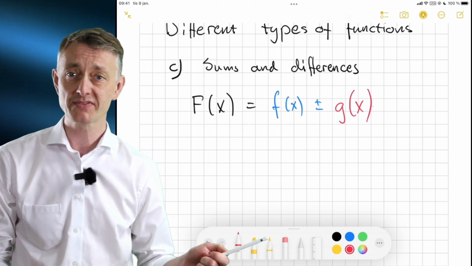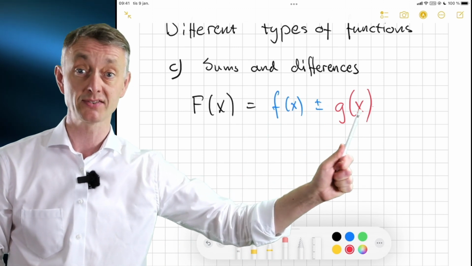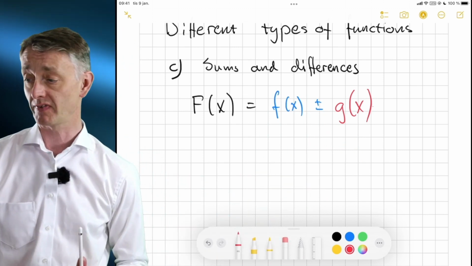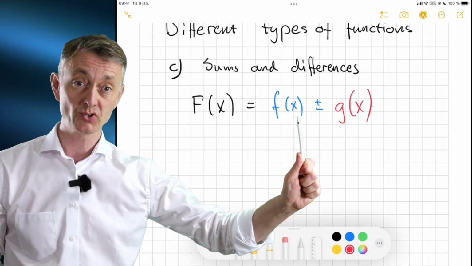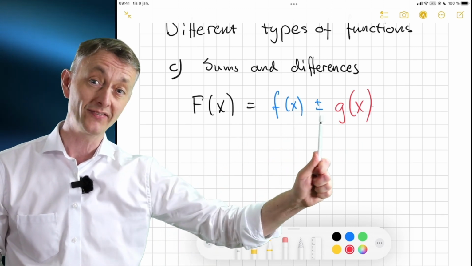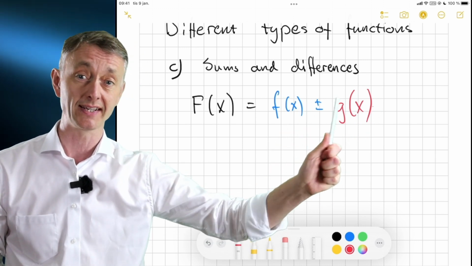So, as we have seen before, this is one function of x plus some other function of x, or minus some other function of x. Now, if it looks like this, it's quite simple. It's like two strangers on the street, they don't really affect each other. If something happens to f of x, nothing much happens to g of x.